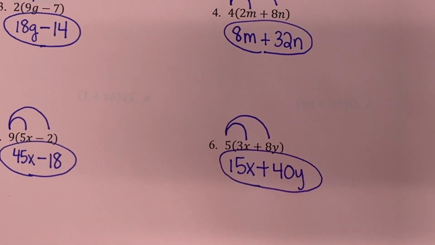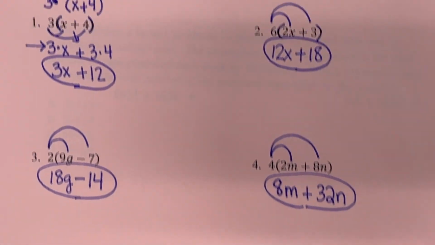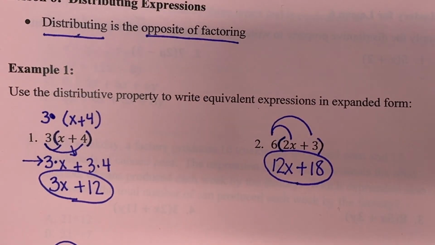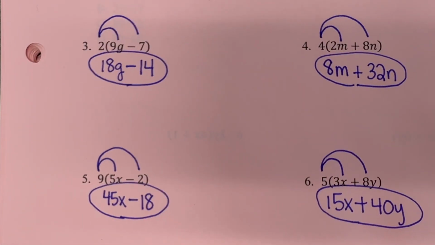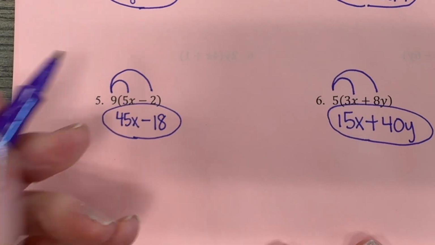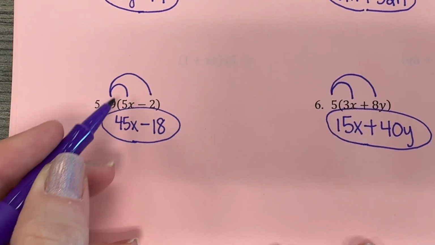Now, one last thing on this video. Back to what I originally said: distributing is the opposite of factoring. I want to show you why. So let's use number 5 right here.